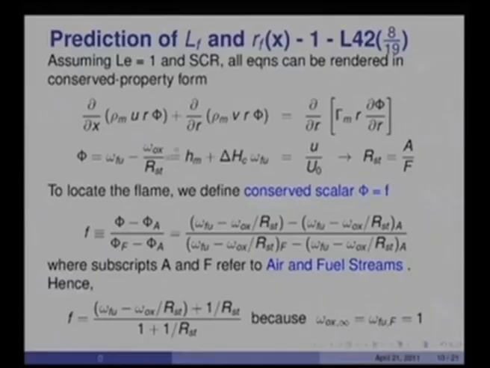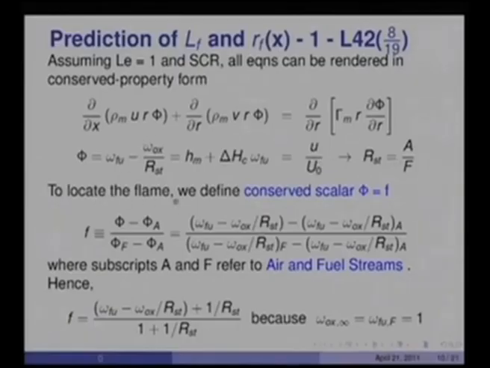We have done this many times, and phi will be simply (ω_fu − ω_ox/RST) equal to (Hm in + ΔHc ω_fu), and it would also be equal to u/u0, because our momentum equation itself is of the conserved property form, and it does not have a pressure gradient. So, phi can now represent both the mass fractions, enthalpy, and velocity.